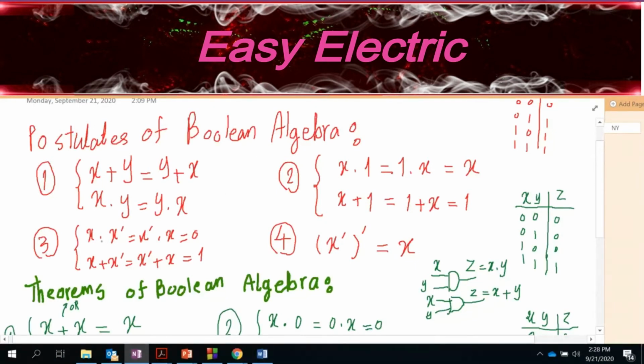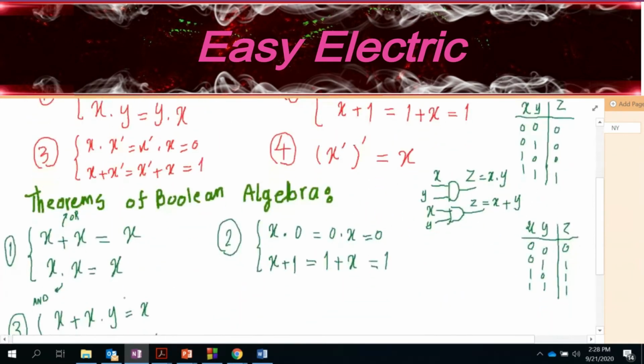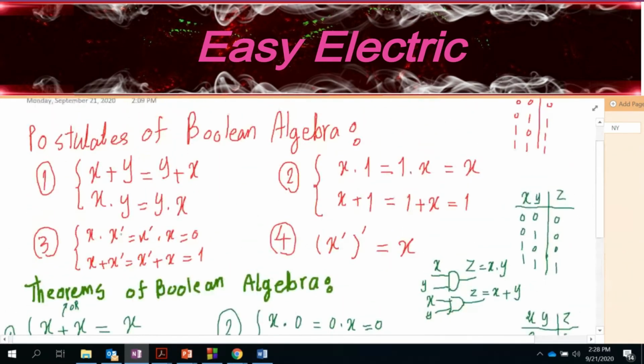So this new one that I add as a postulate, which I somehow mixed with number 3 in the theorem, says if you have one variable in Boolean algebra and you AND that with its NOT, the result will be 0. You could just put some value here, 0 or 1, to see if it works or not.